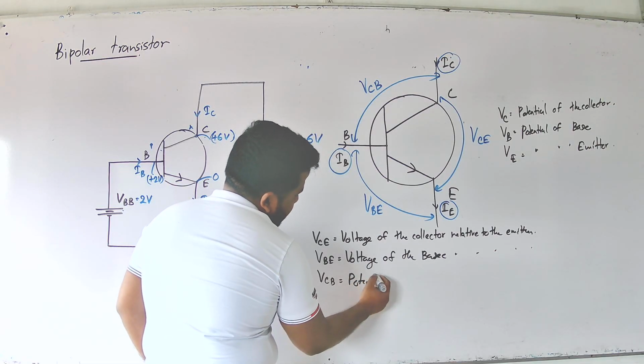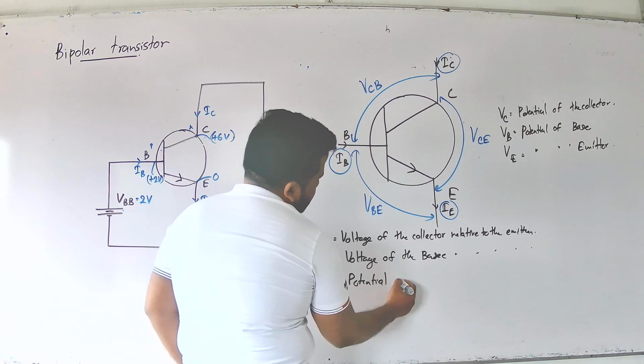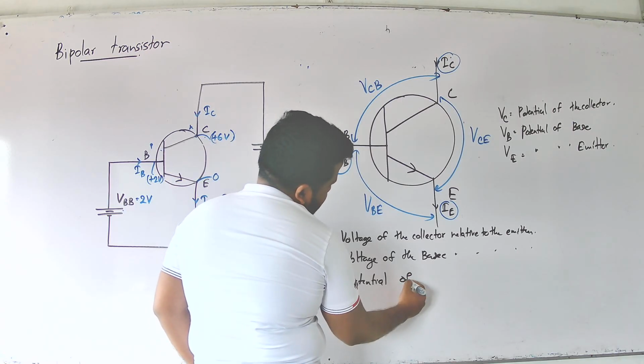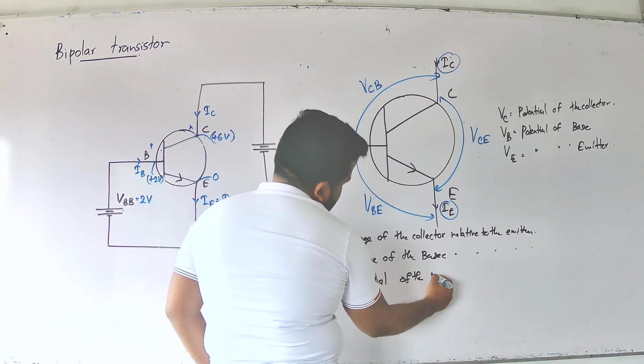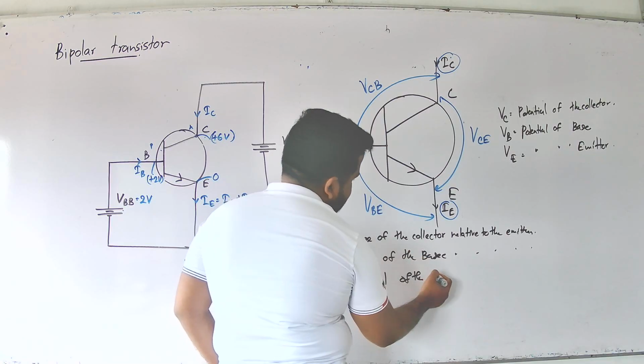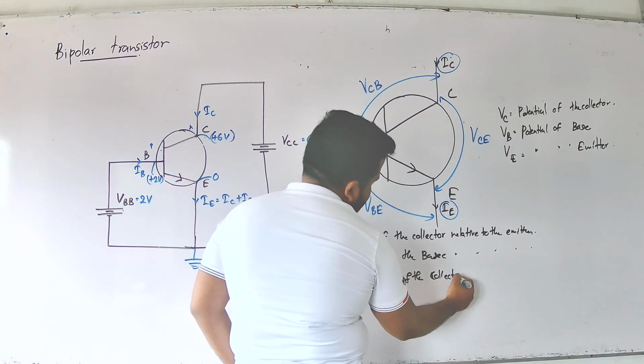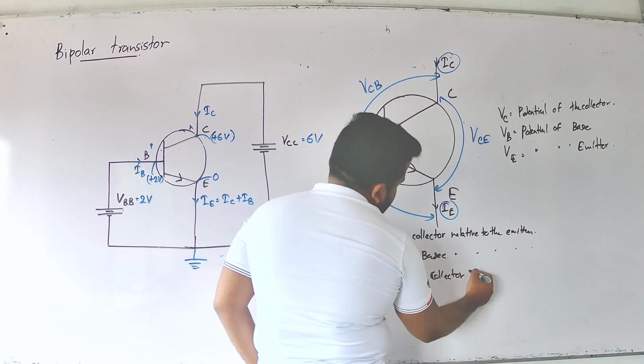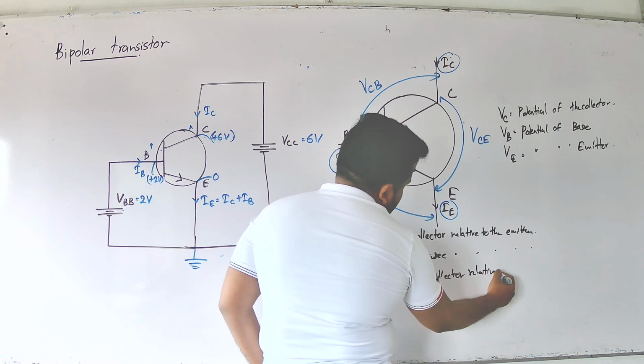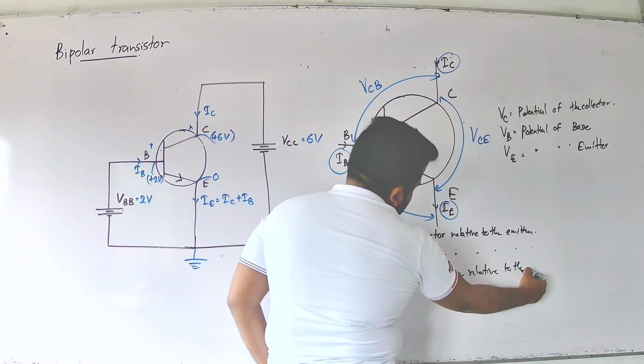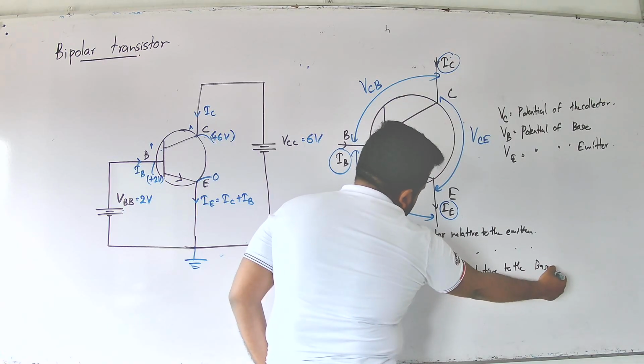VCB is the potential of the collector relative to the base.